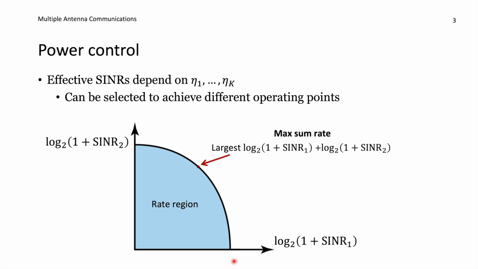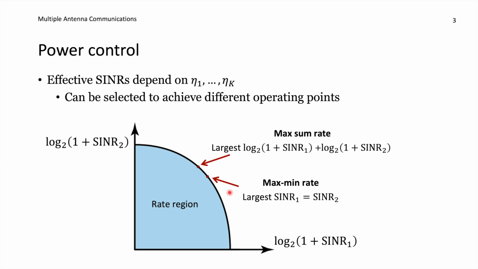So some examples of operating points is the maximum sum rate, where we are maximizing the sum of the two users' rates, and it will end up somewhere at the outer boundary called the Pareto boundary of this so-called rate region. Another point is the maximum rate point, where the two rates are the same, which is also the same thing as saying that the two effective SINRs are the same.